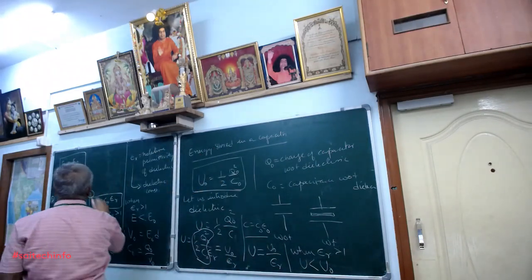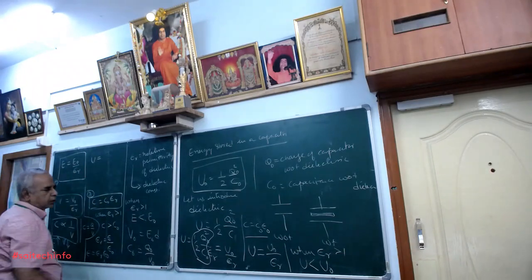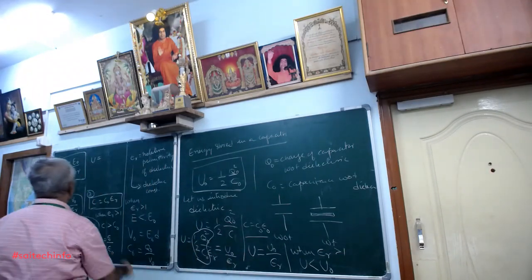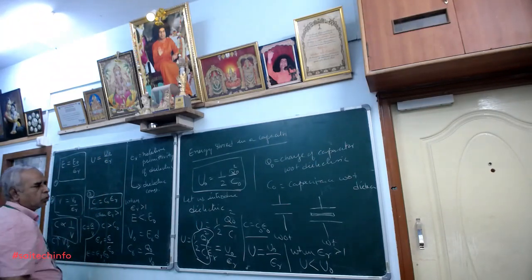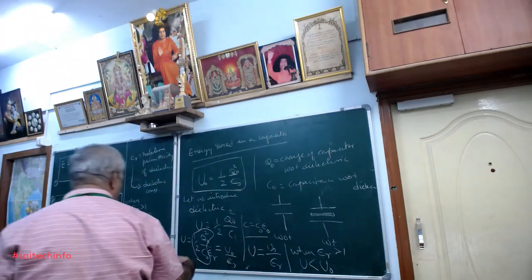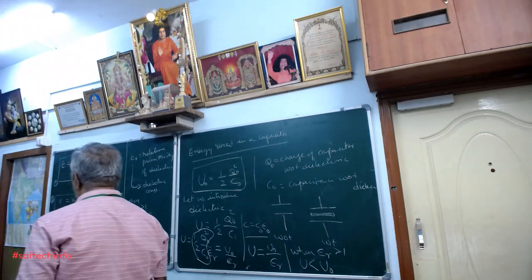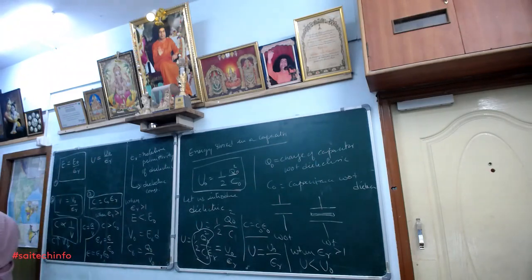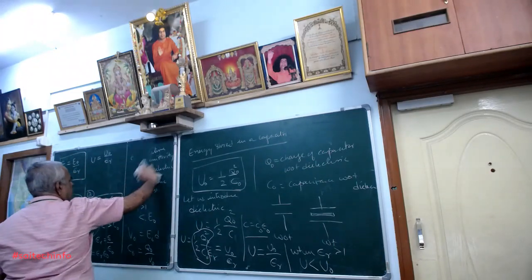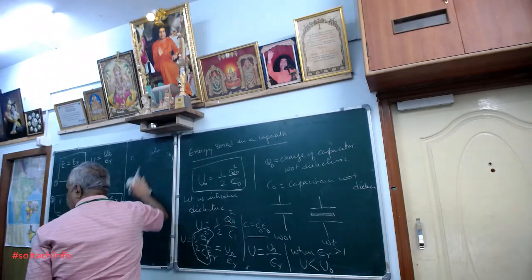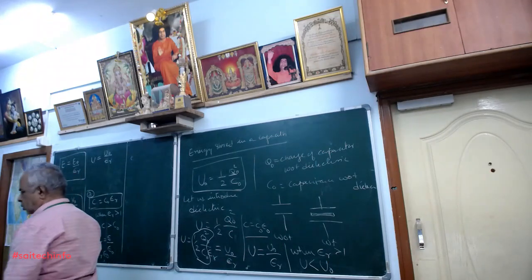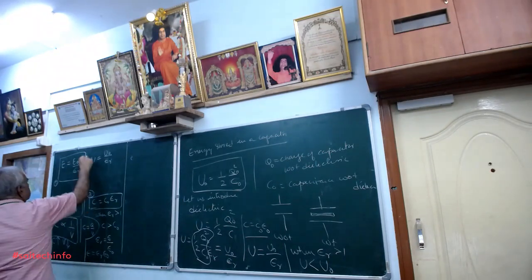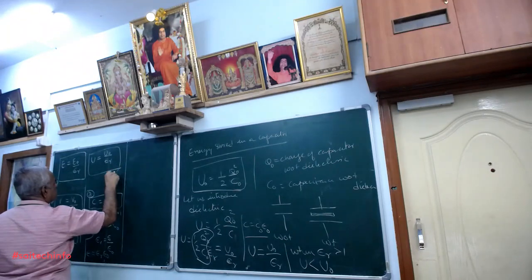So potential energy U is equal to U naught by epsilon R. Do you have any equation based on Q and Q naught? So we have 4 important equations.